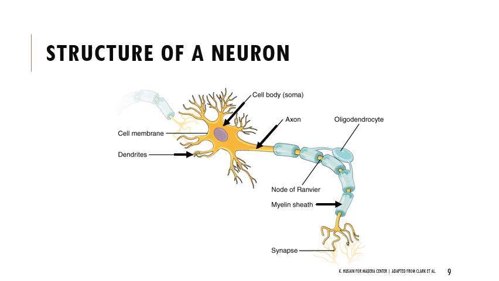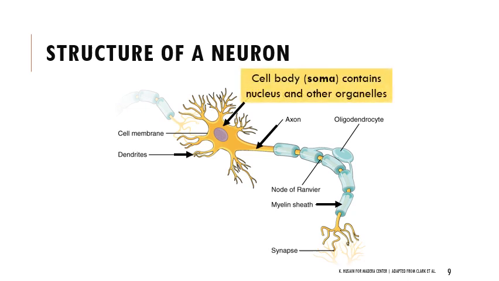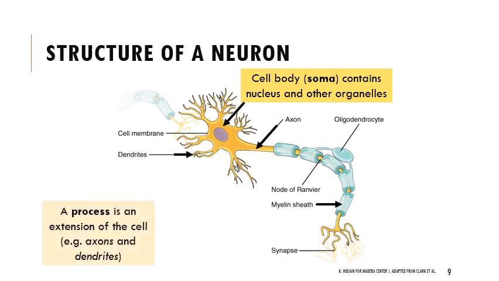So when we're thinking about the structure of a neuron, which is that classical type of cell you imagine for the nervous system, we have this big cell body or soma, which does have a nucleus as well as other organelles. So this is most like our general cell types, but these neurons have a lot of specialization to them. They have a lot of what are called processes. This is tricky because a process in the nervous system and also in bones refers to a particular structure.